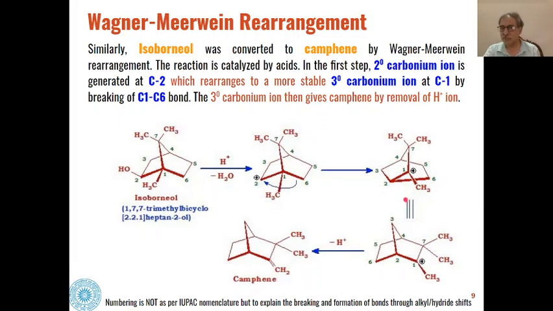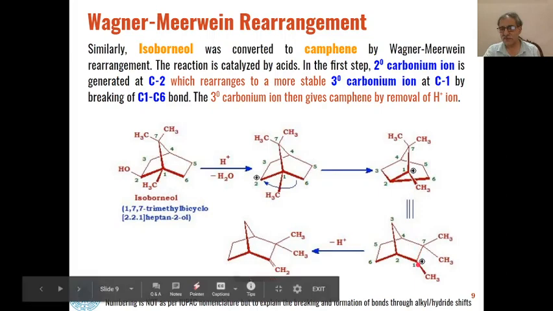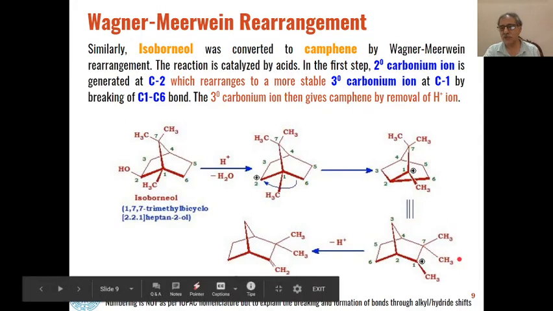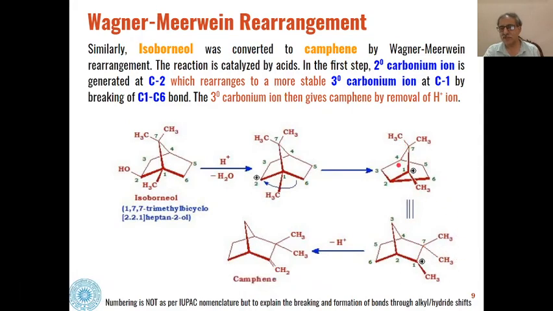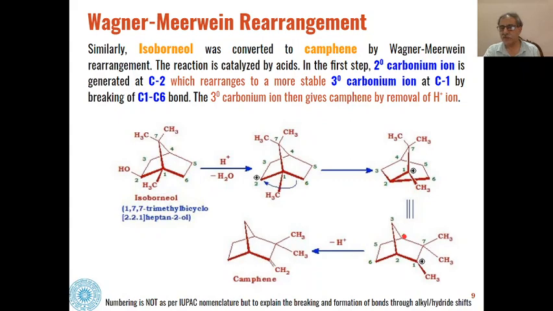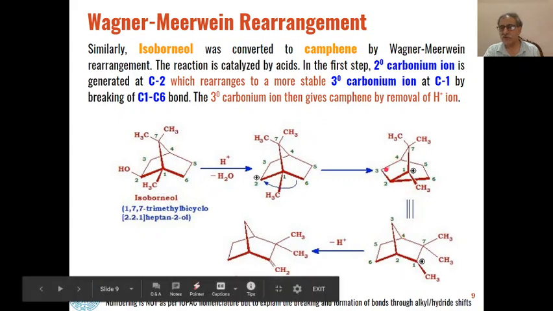So you can see from the numbers that this one is number 1, where the methyl group is attached, and adjacent to 1 is 7 with 2 methyl groups, and 7 is joined to 4. This is 4, and 4 is joined to 3.